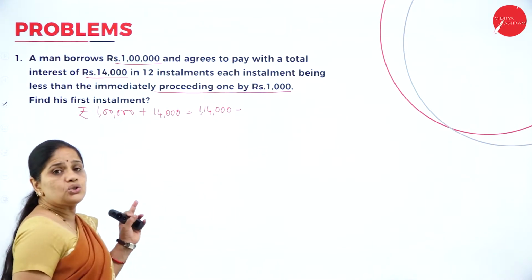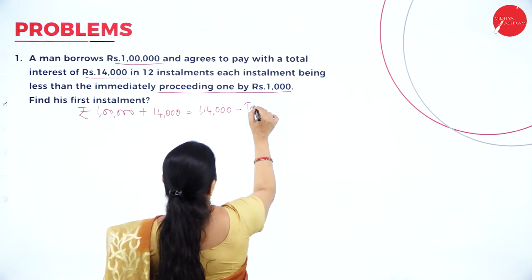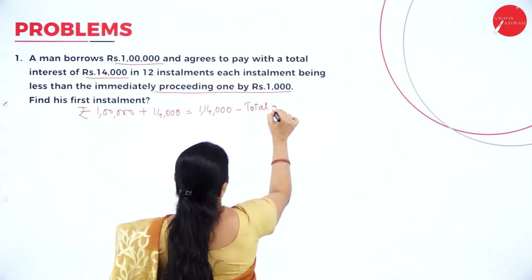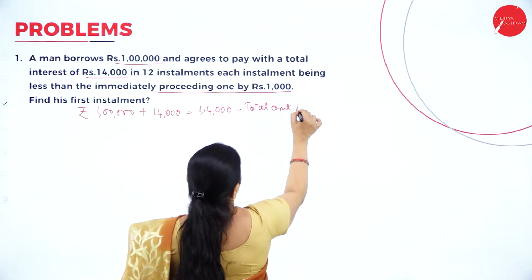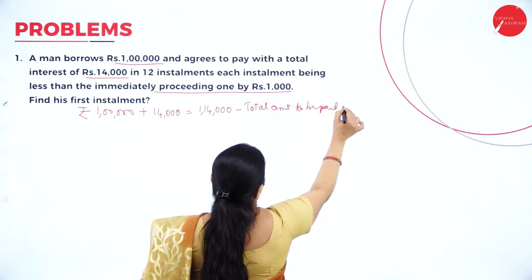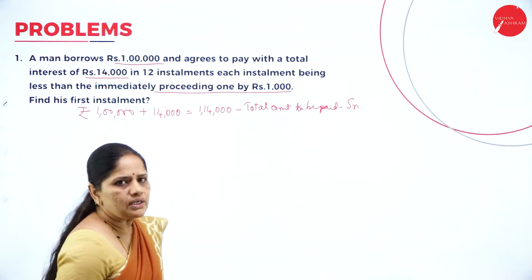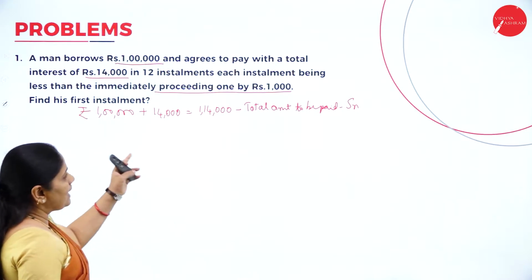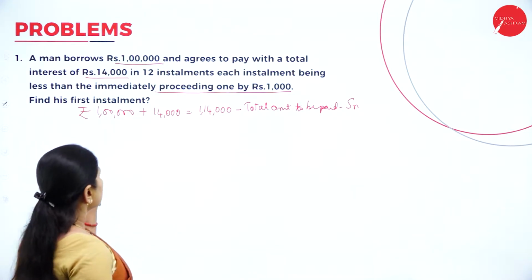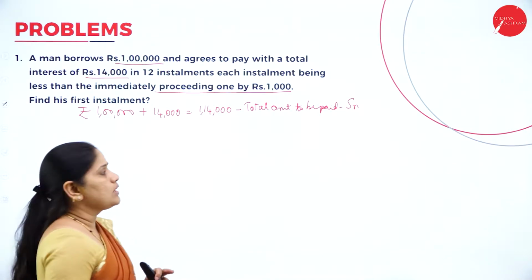This is the total amount to be paid, that is Sn. So, the total amount to be paid is 1,14,000. Then he agrees to pay it in 12 installments.